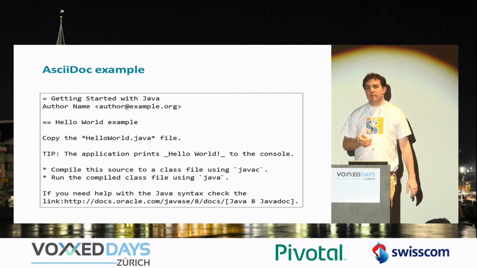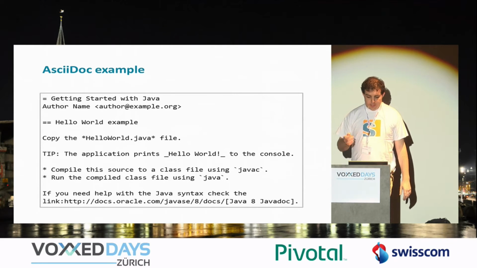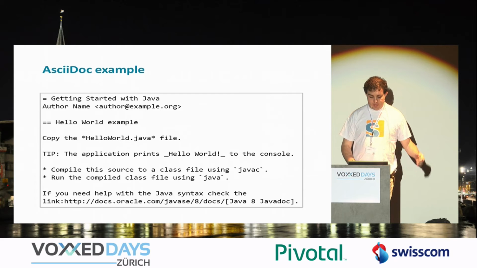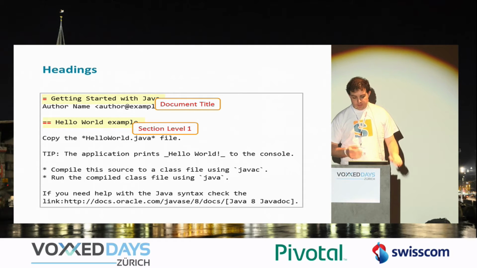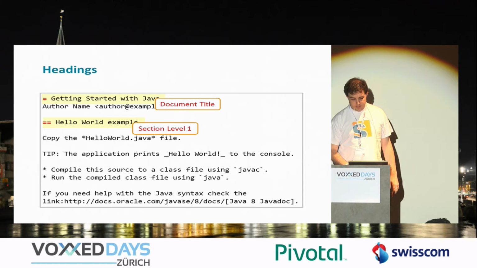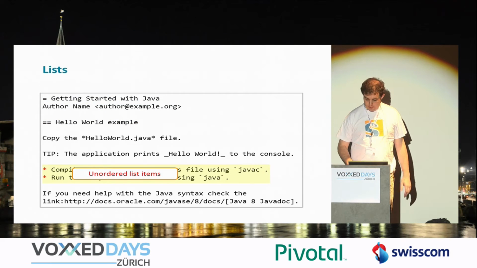I don't know if you are familiar with Markdown or Textile or MediaWiki. It looks familiar because at the end, a document is just a plain text document. And you can define some structure in the document, like a header, settings, ordered lists, unordered lists.